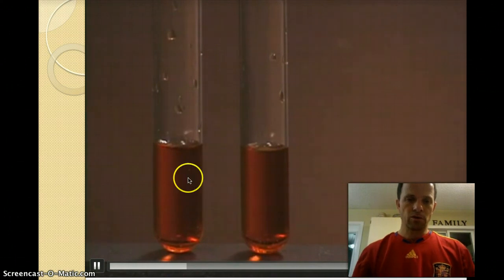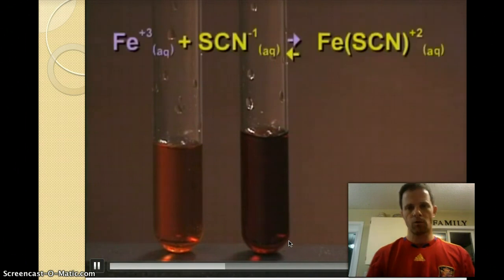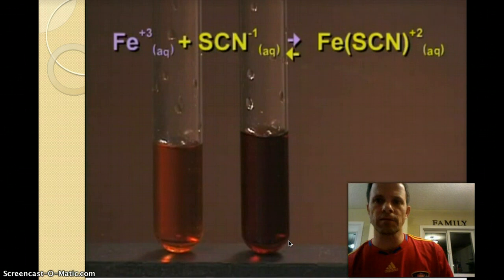So we have a control on the left here, and we're going to add iron to the second test tube, and we can see a shift in the equilibrium towards iron thiocyanate.